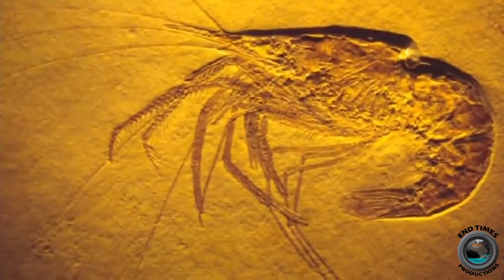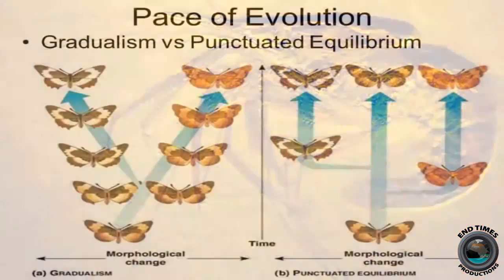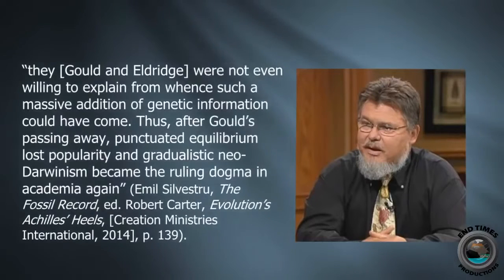Indeed, Gould admitted there are serious problems with the fossil record, yet he went on to claim that his punctuated equilibrium idea that evolution occurred through sudden big jumps could solve this problem. However, his proposed solution turned out to be erroneous as well. As Emil Silvestru notes, quote, "They, Gould and Eldredge, were not even willing to explain from whence such a massive addition of genetic information could have come."